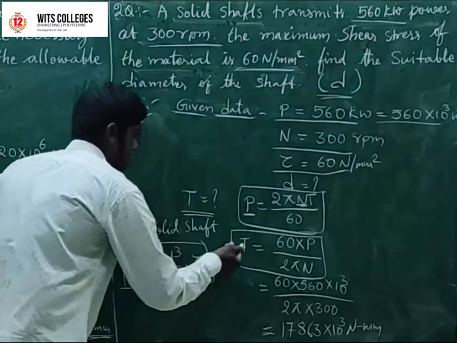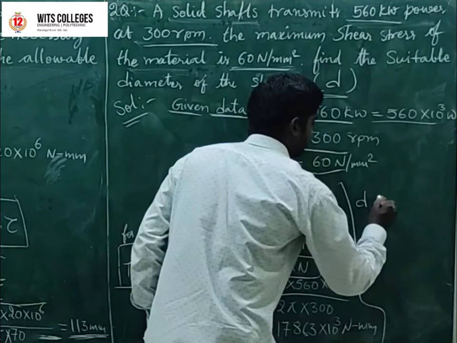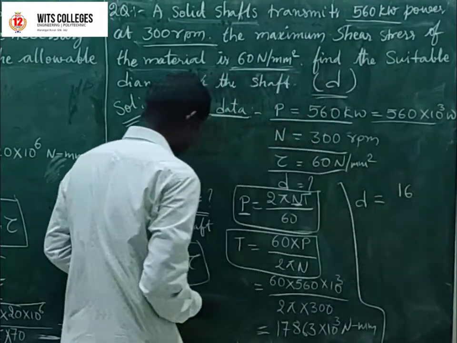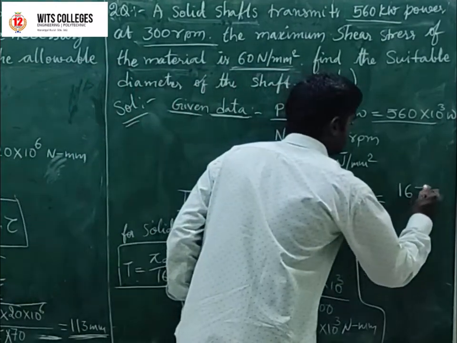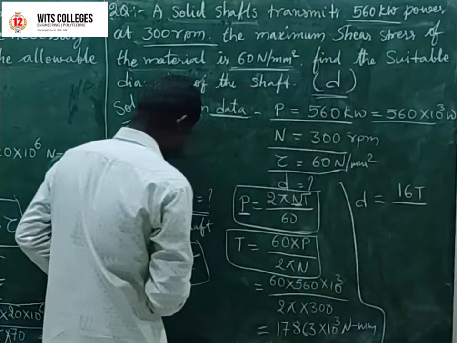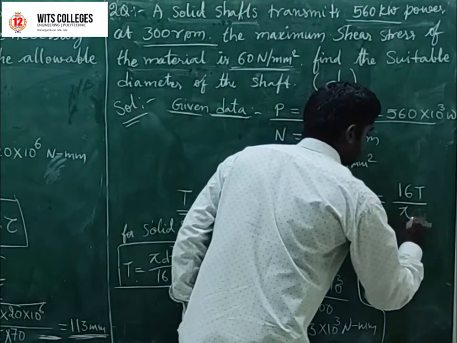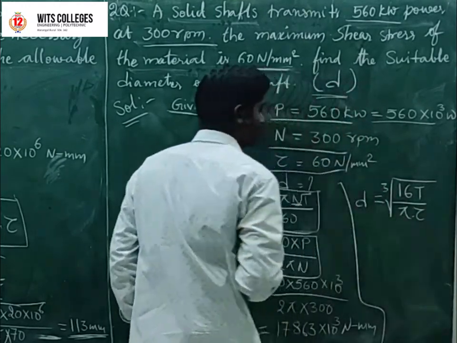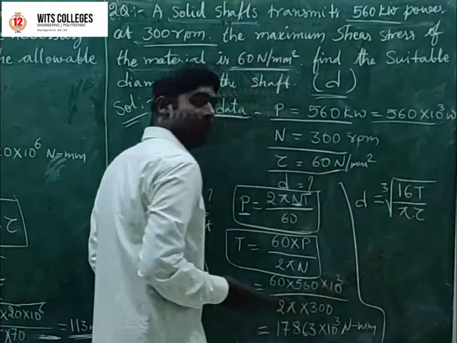In this formula, D is equal to the cube root of 16 into T by pi into tau.